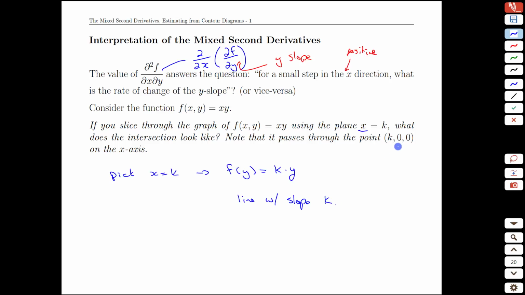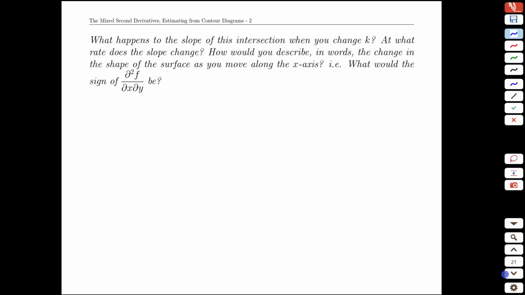All right. Well, what we have here is a zero intercept as well. If we dial up our x, we're going to get steeper and steeper lines in the y direction. Well, all right, let's see how that plays out next. What happens to the slope of this intersection as we change k?